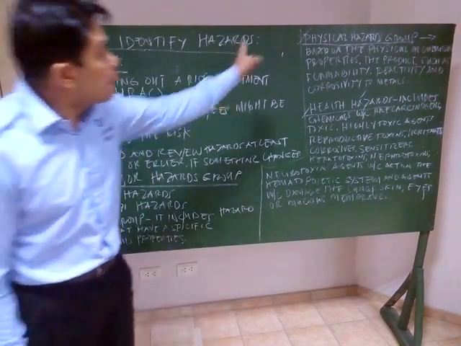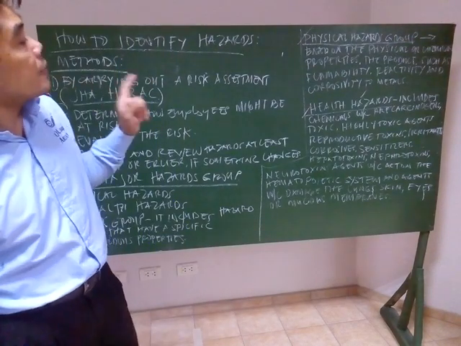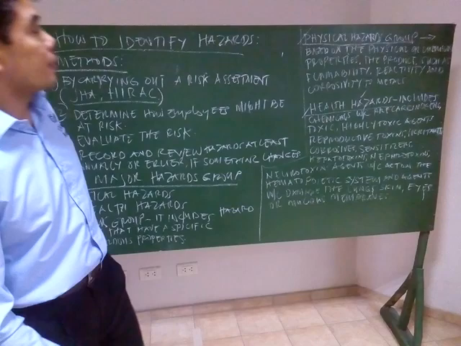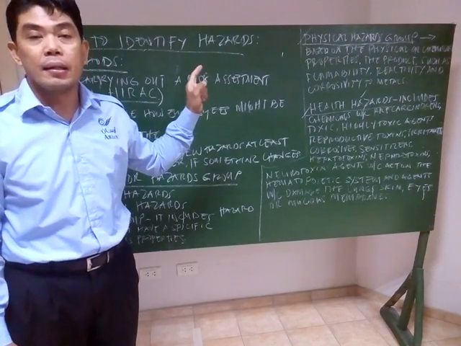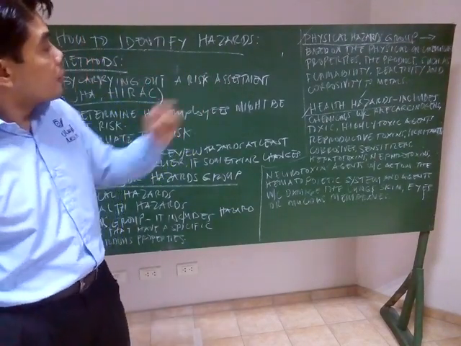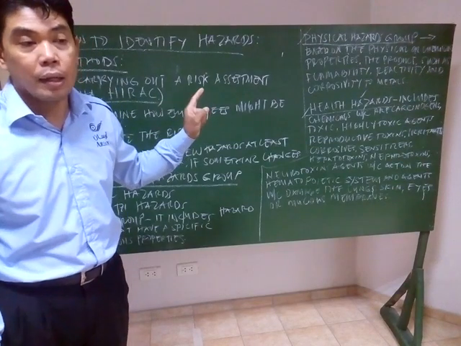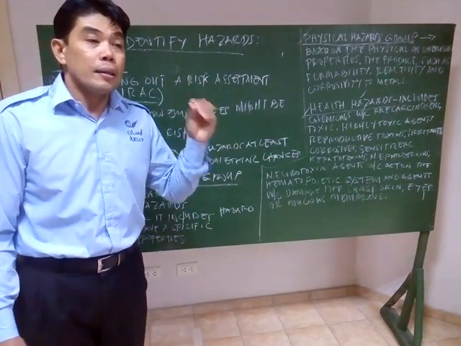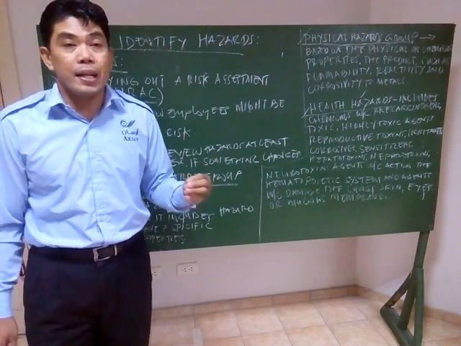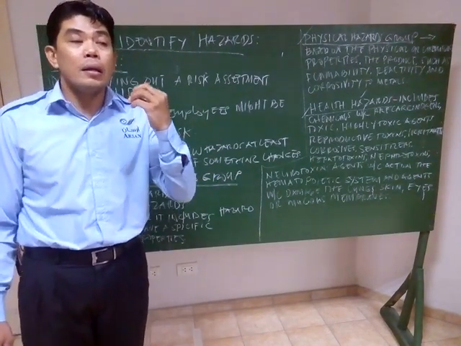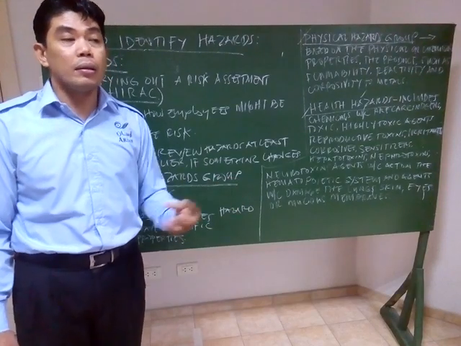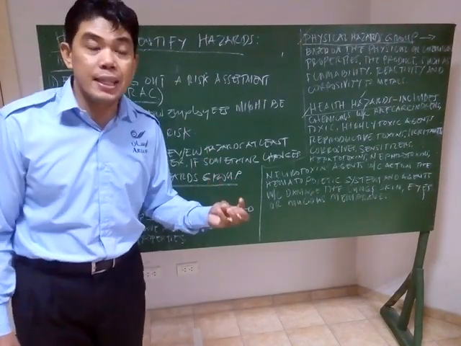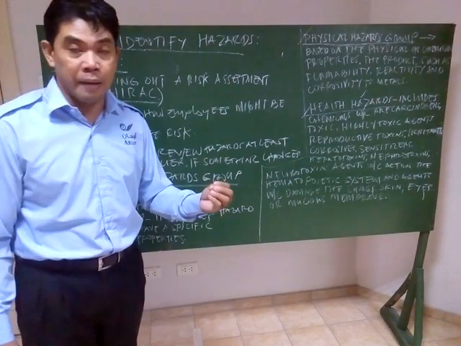So let's go to the physical hazards group. The physical hazards group is based on the physical or chemical properties of the product, such as flammability. When we see flammability, it is the likelihood and the level at which something can easily burn or create a flame.